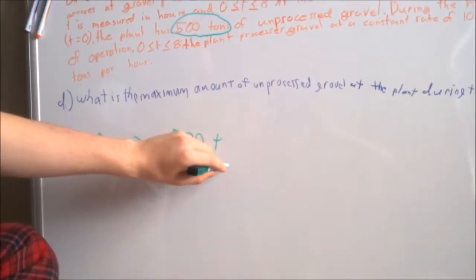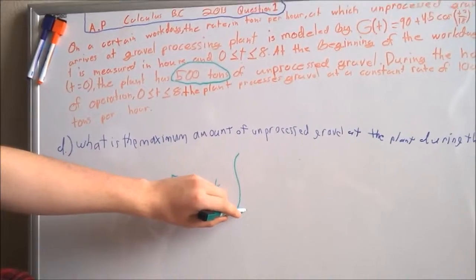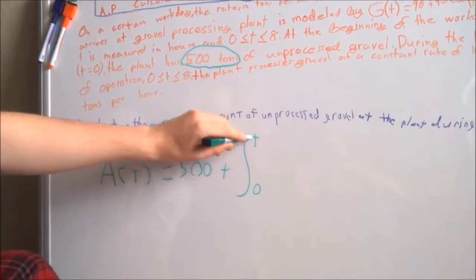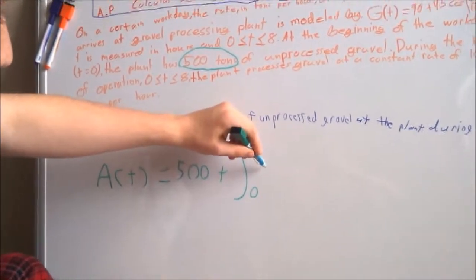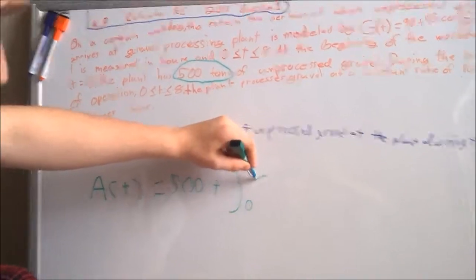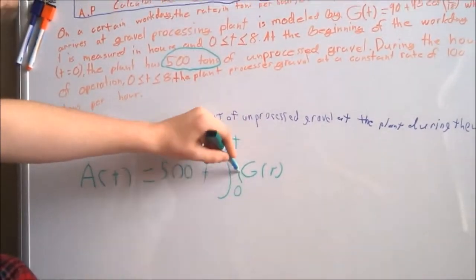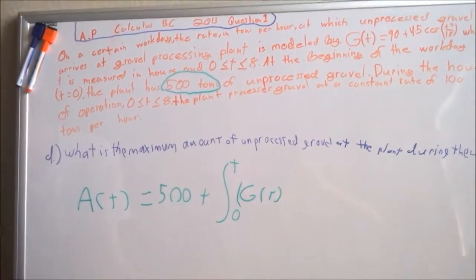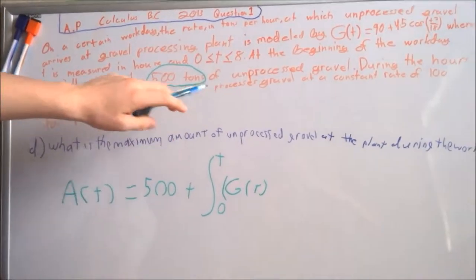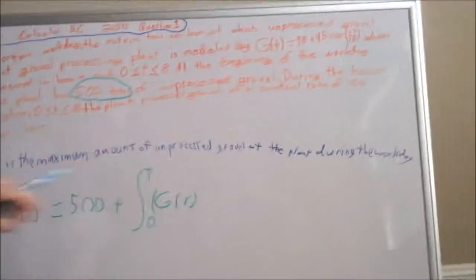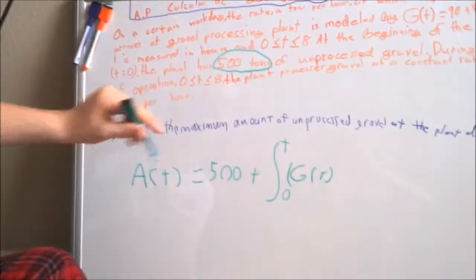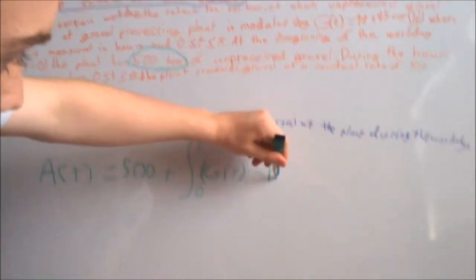So the integral from 0 to t of g of t, minus, by the way, the amount you're losing, the rate of tons being processed, so minus 100.